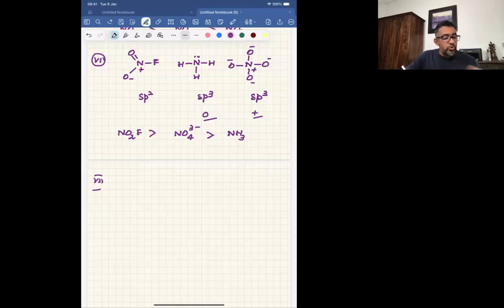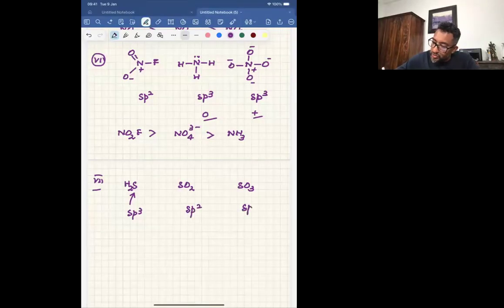What is this? H2S, with the S as subscript. And the other ones are SO2 and SO3. If you look at sulfur, the hybridization in H2S is sp3. SO2 hybridization is sp2.